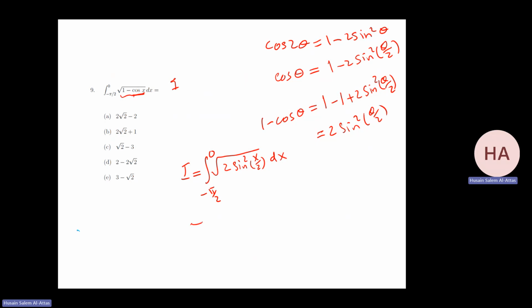That is square root of 2, minus pi over 2 to 0, absolute value sine x over 2, dx.